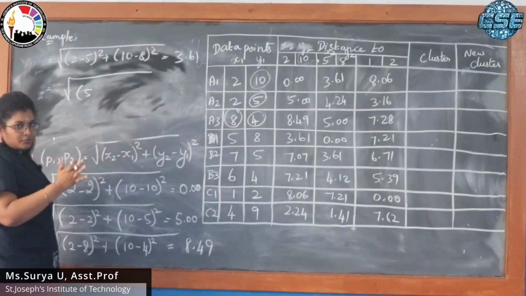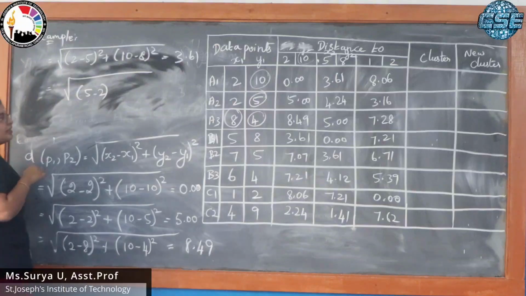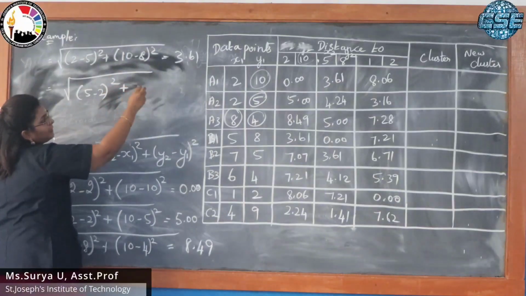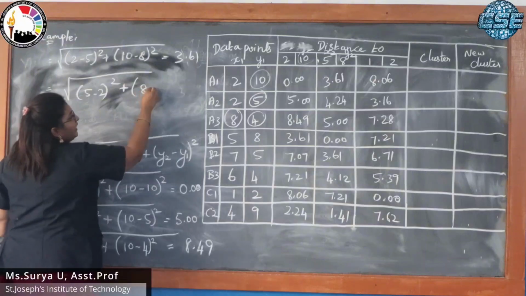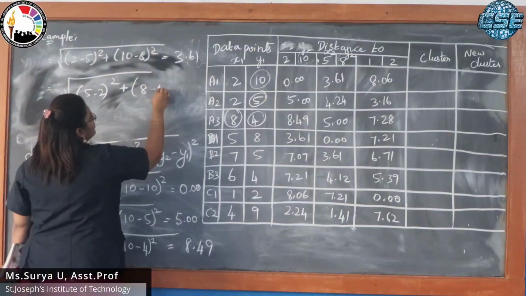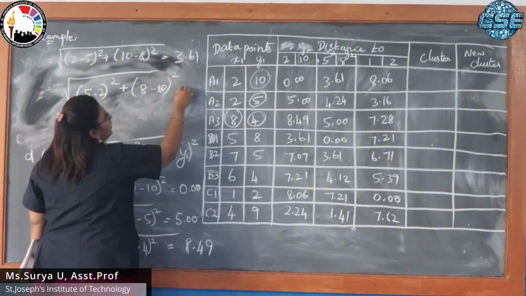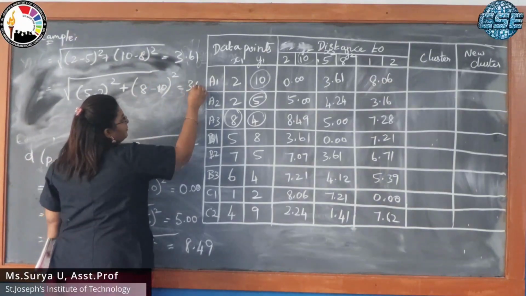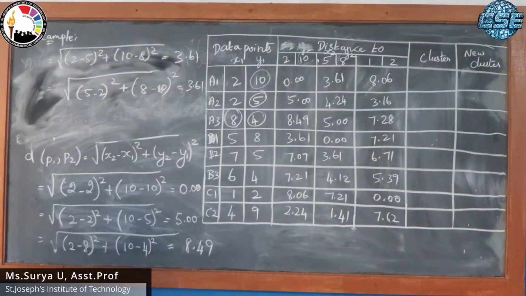That's why we are changing those values, right? So (5 minus 2) the whole square plus, what is your y2 now? y2 is 8, right? So (8 minus 10) the whole square. Here y1 is 10. What you will be getting? You will be getting 3.61. Okay, this is how you have to solve your problem.